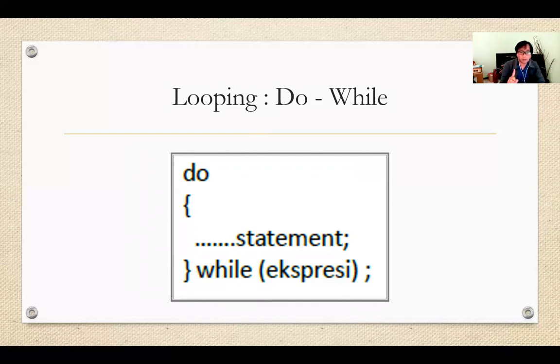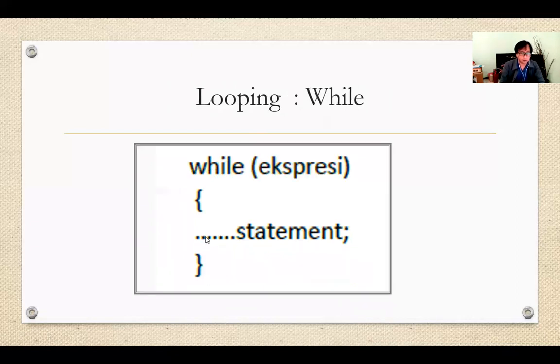So if you use this selection, I will repeat, the statement inside this block will be executed at least one time. Unlike this other condition, where the execution depends on the expression and can be executed zero times.